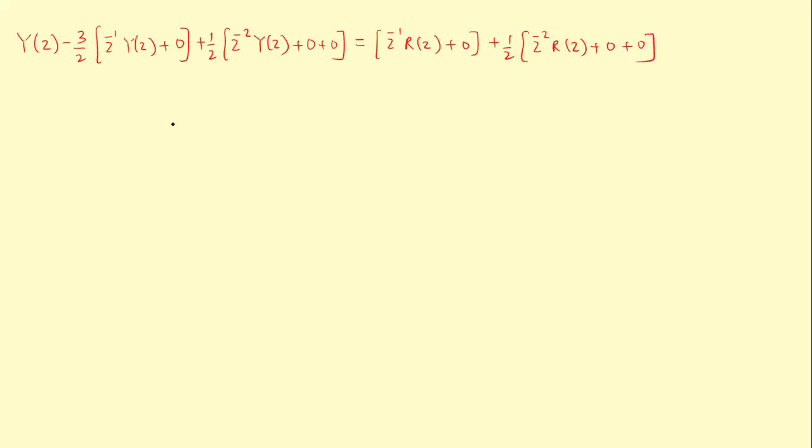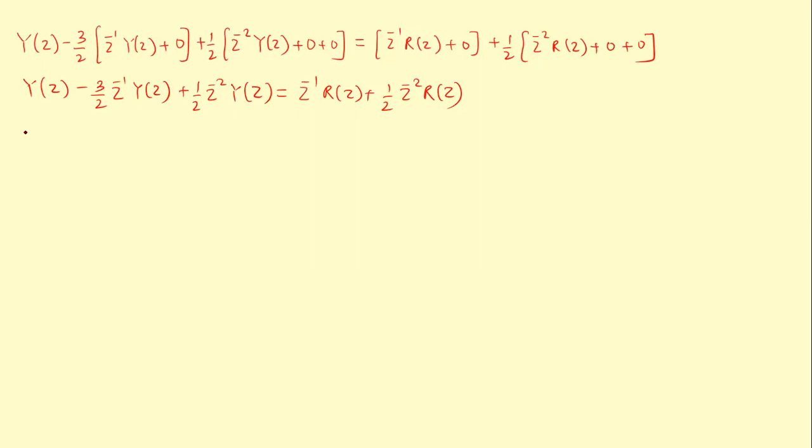So we can further simplify this one. So we have yz minus 3 by 2 z inverse yz plus 1 by 2 z inverse square yz is equal to z inverse rz plus 1 by 2 z raised to the power minus 2 rz, right?